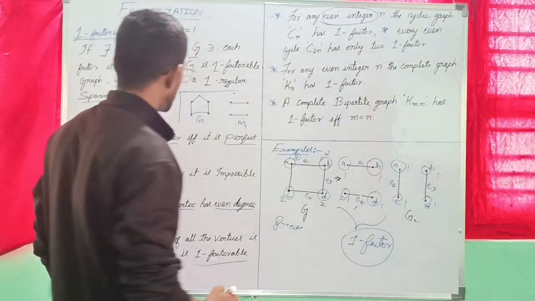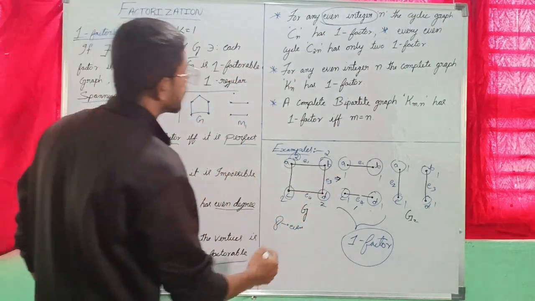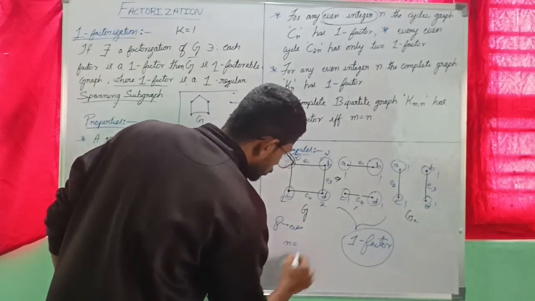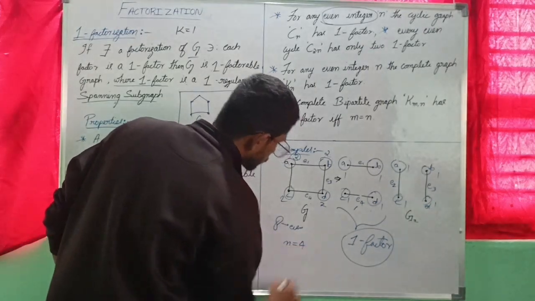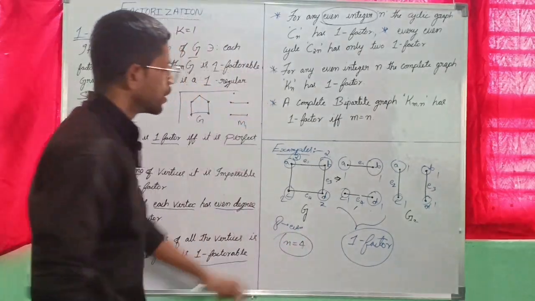Let us take the example. This is a good example. Here, when I take n equals 4, 4 is even, right? So n equals 4.